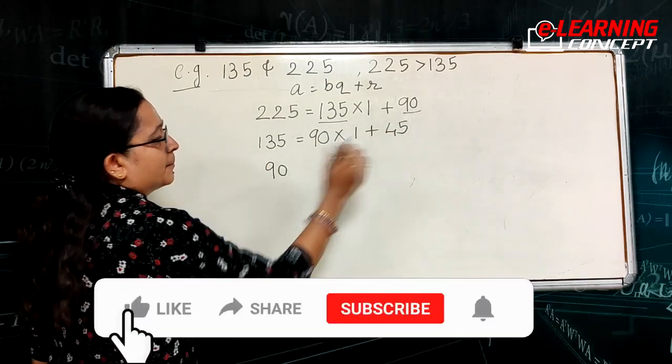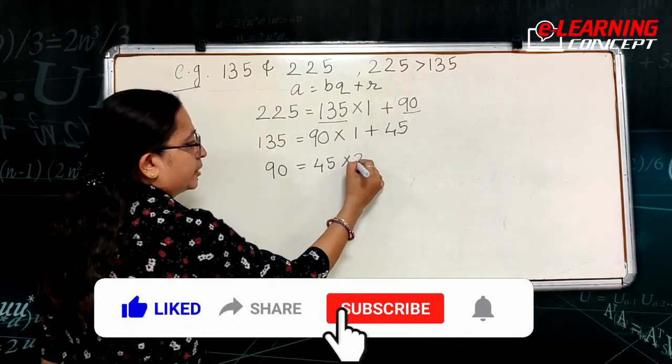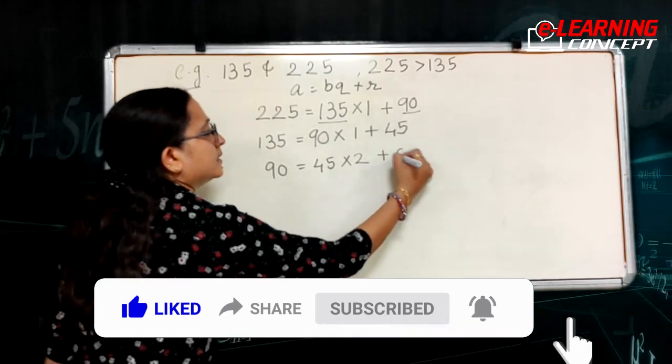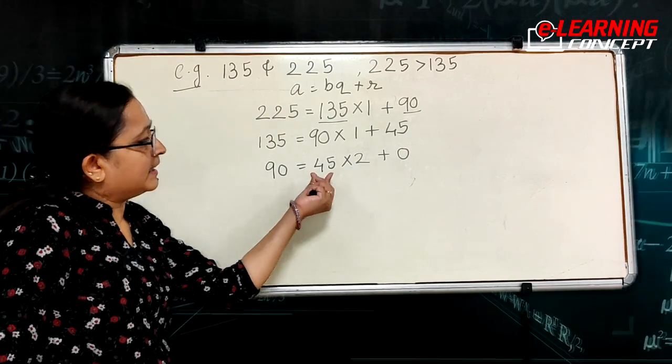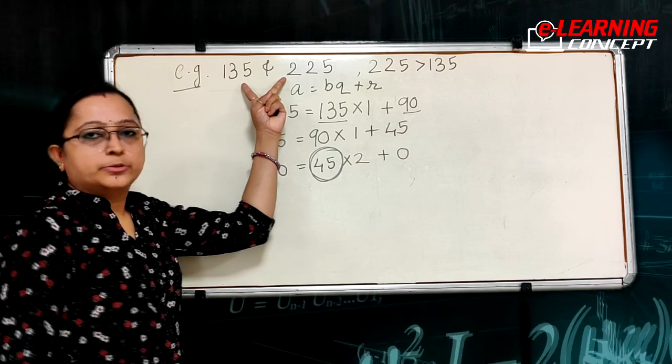Divide 90 by 45. Quotient obviously 45 twos are 90, so quotient is 2, and here we are getting the remainder 0. So whenever we get the remainder 0, that last divisor becomes the HCF of the given two numbers.